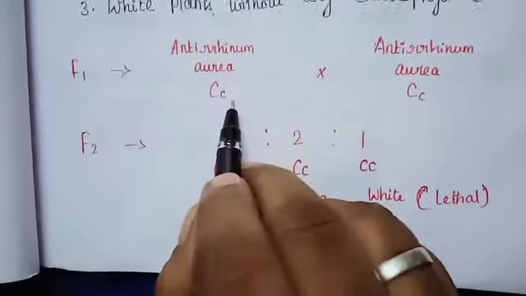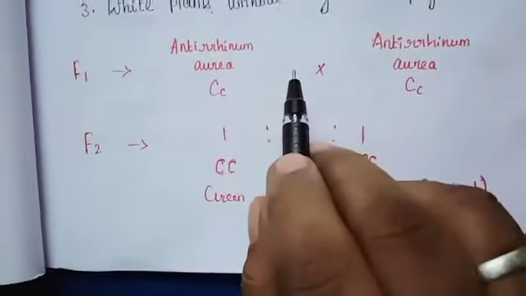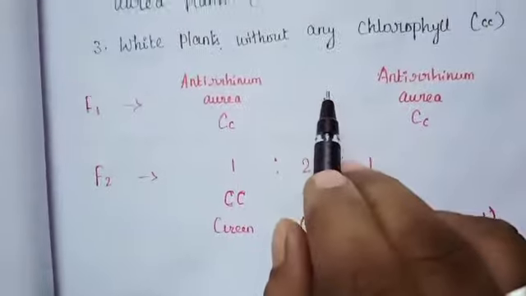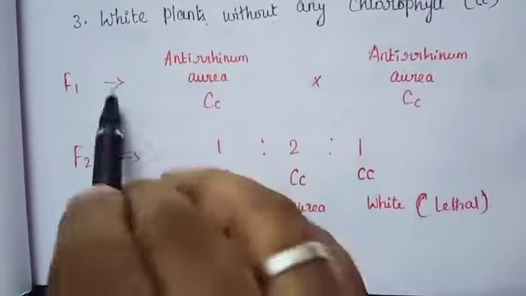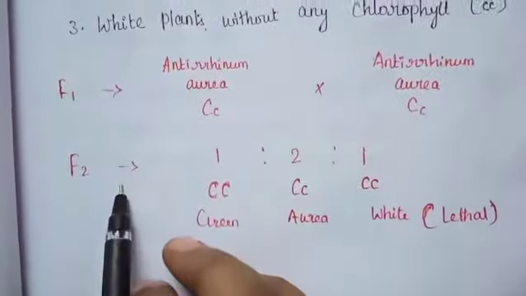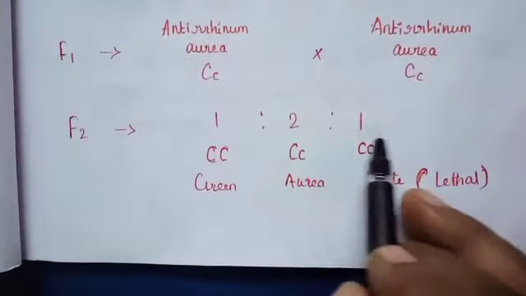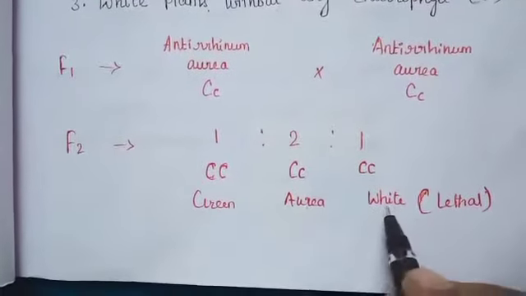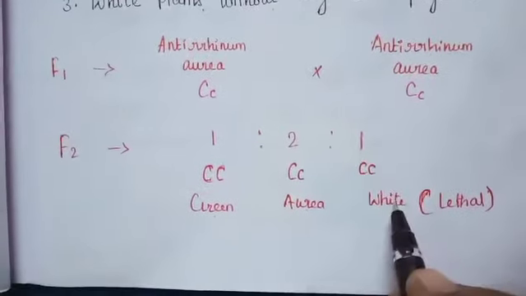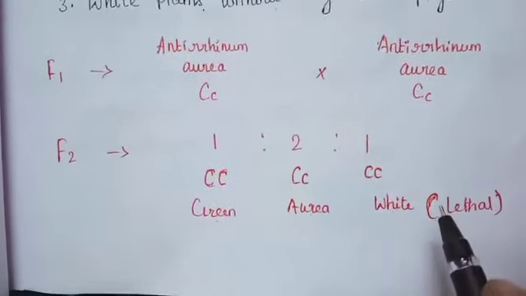When two such aurea plants are crossed, the F2 ratio is 1:2:1. So it means one green, two aurea, one white. This white plant finally dies.